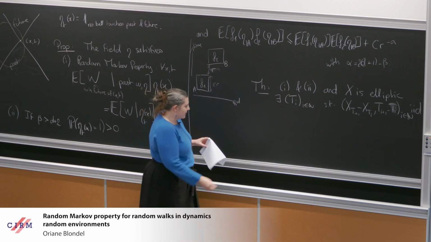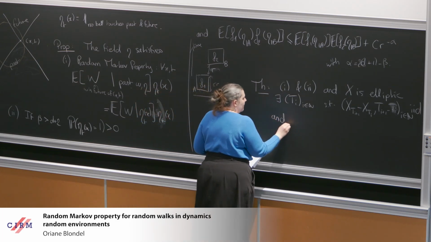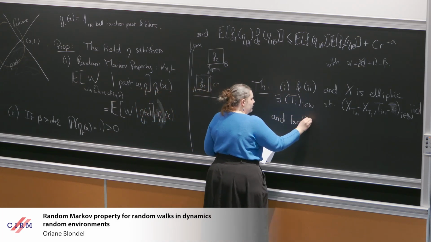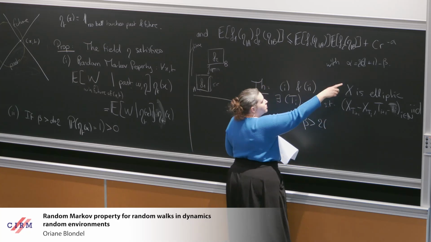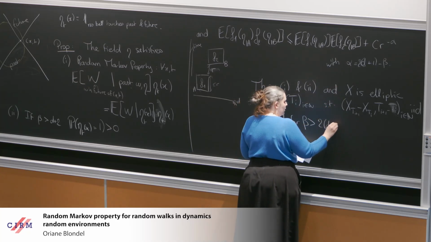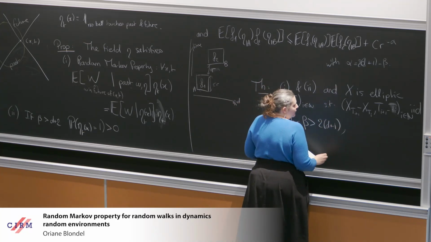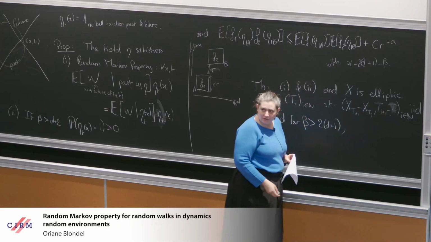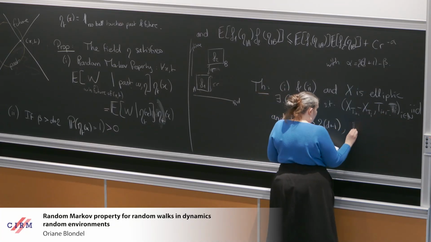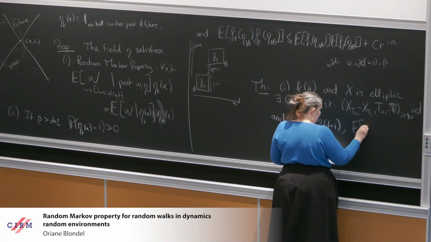And the second thing, if beta is large enough, so large enough that this alpha is useful, you have a tail estimate on these increments.